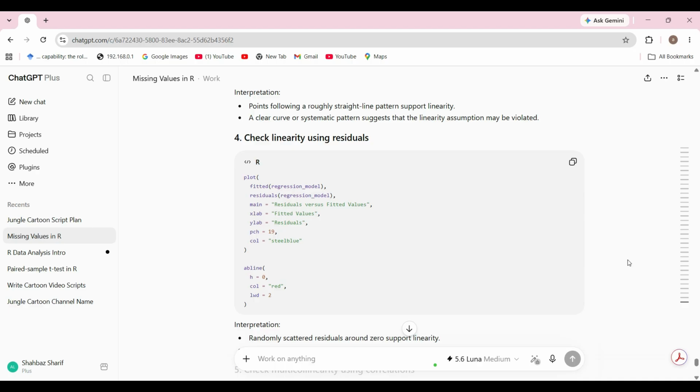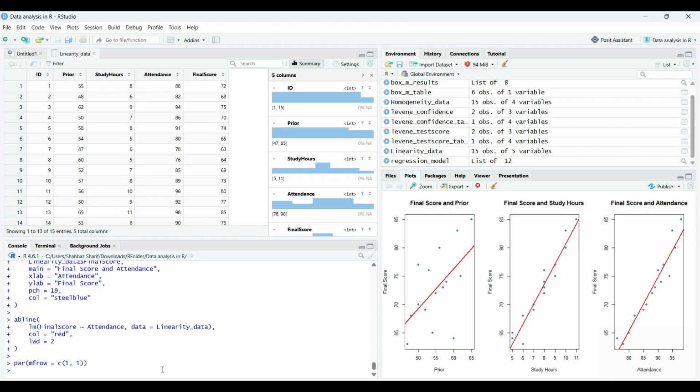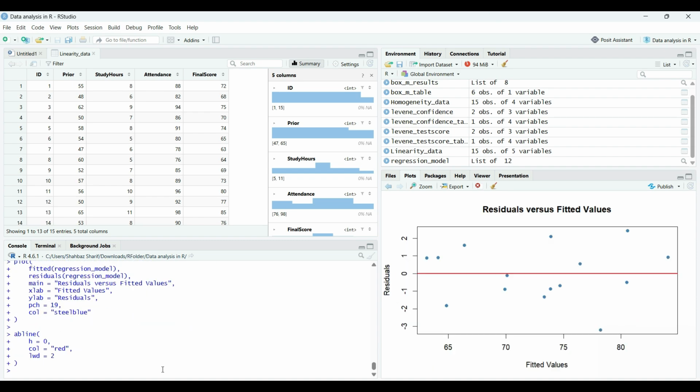Okay, so now we check the linearity using residuals. In this case, you can also see that the residual values are scattered above and below the trend line. This is called reference line. The values should be between -3 and +3, because the standardized residual values should be between -3 to +3.